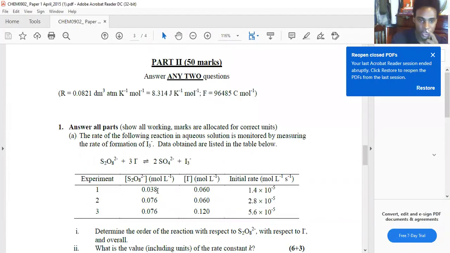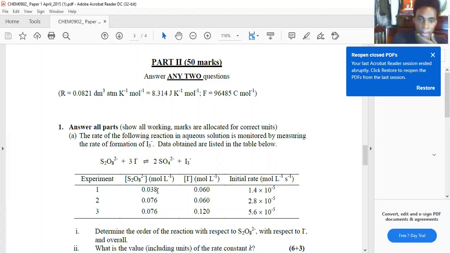Before you do this, how do you know what experiments to use? We're looking for the order of reaction for sulfur, so you choose two experiments that have two different values for sulfur, but the same value in moles per liter for iodine.